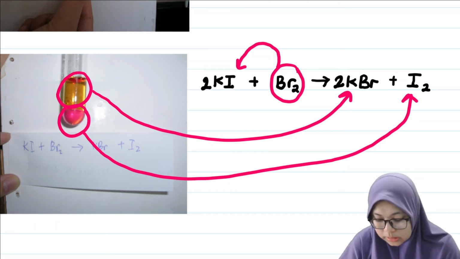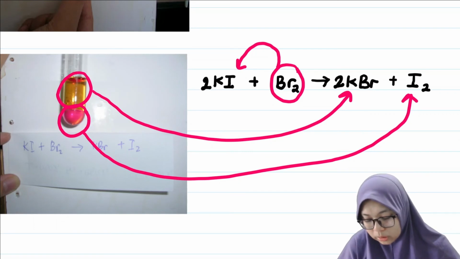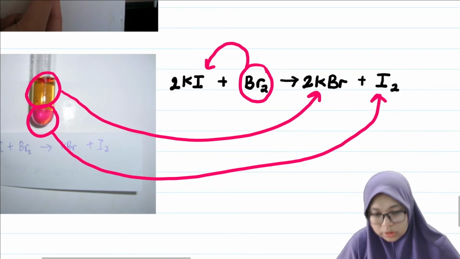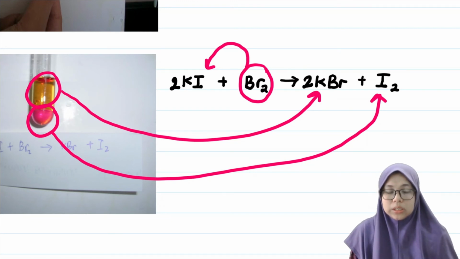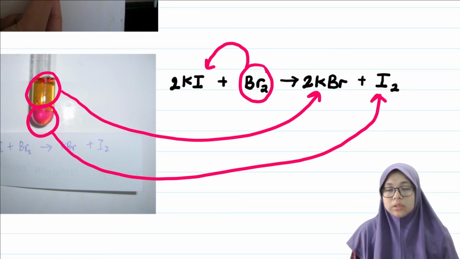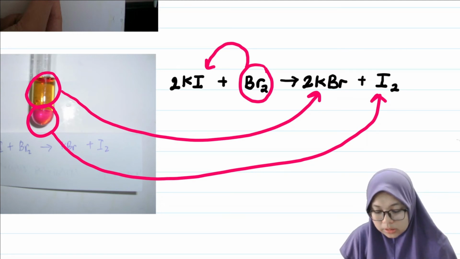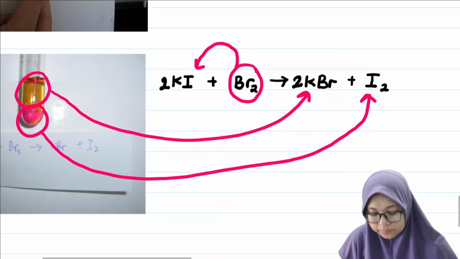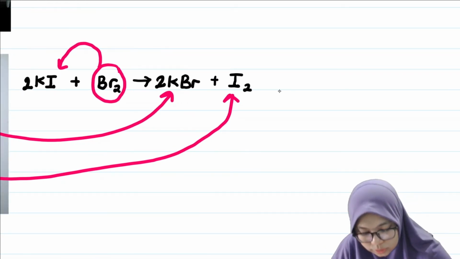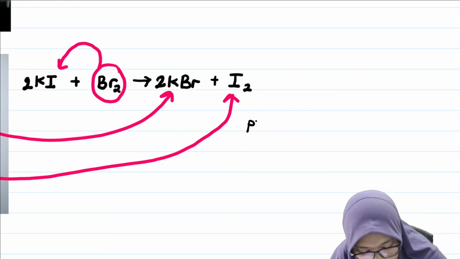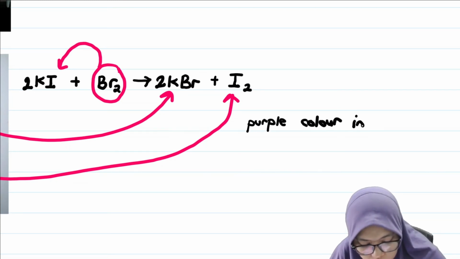So as you can see here, okay, when we talk about the observation, it is what we see during the reaction. The inference is the fact behind the observation. So let me explain for this reaction. Okay, as you can see here, you can see the purple color in 1,1,1 trichloroethane.